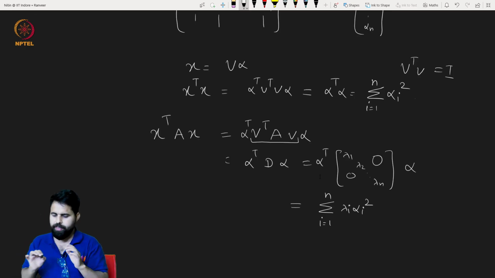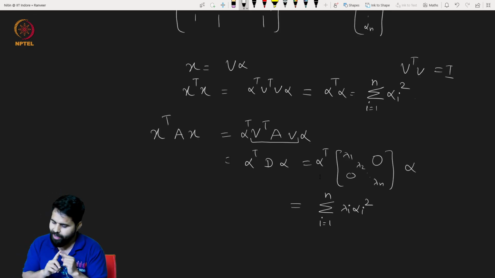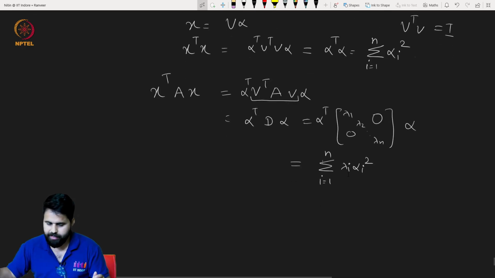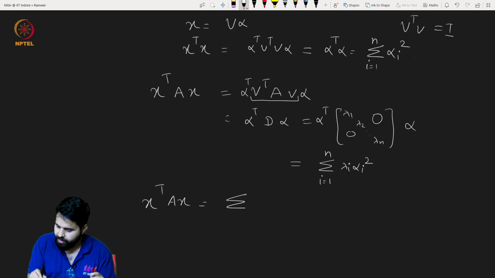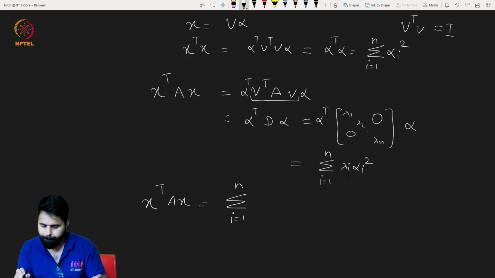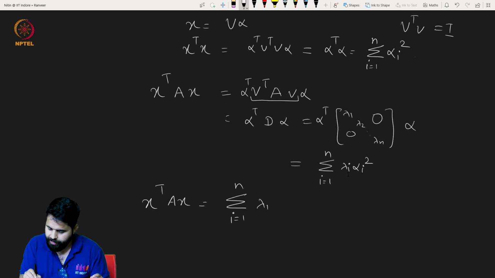Very simple observation. So let me write this again: x transpose Ax equals the sum over i equal to 1 to n of lambda i alpha i squared. I have deliberately written it again, so please keep this in mind.